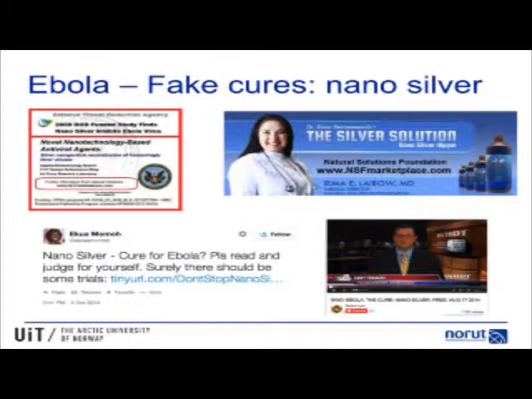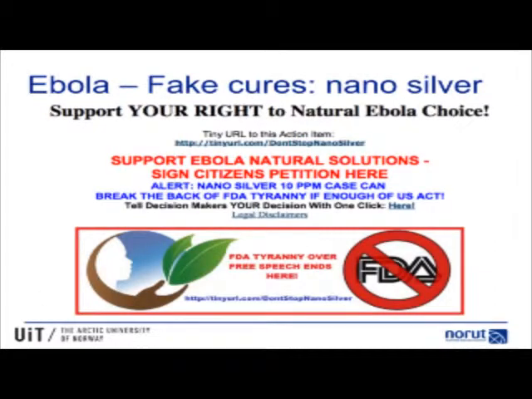They managed to get some attention even in newspapers and TV, and then they use social media to create a campaign about using this natural solution for Ebola. Some countries in West Africa started to import the natural Ebola cure solution, which is not proven at all.